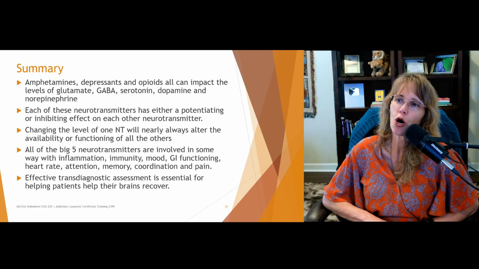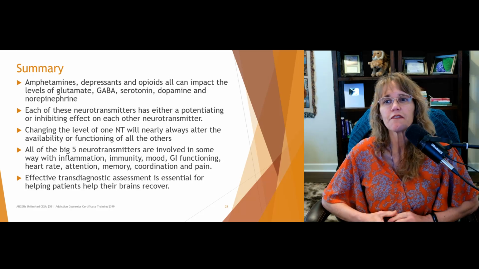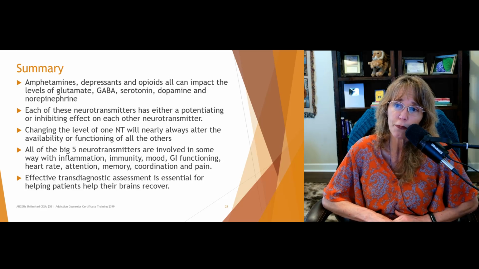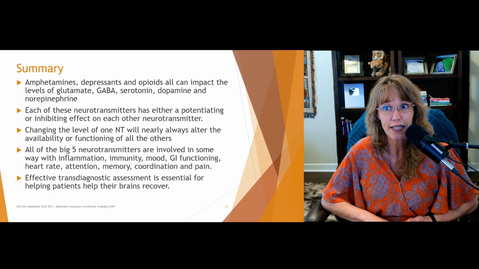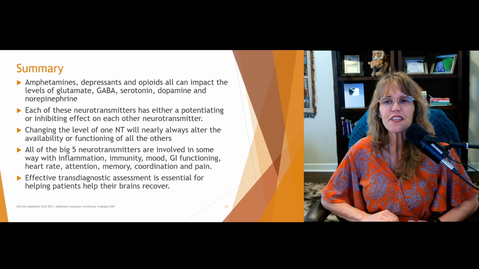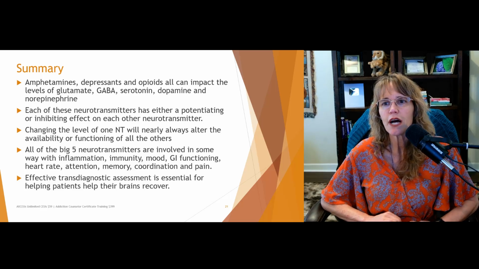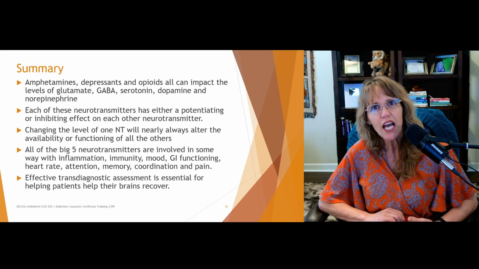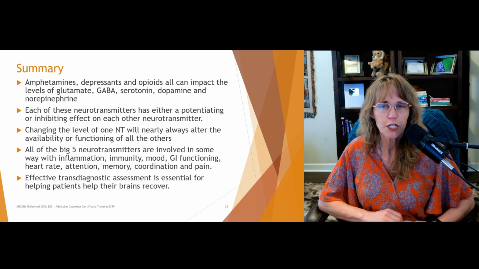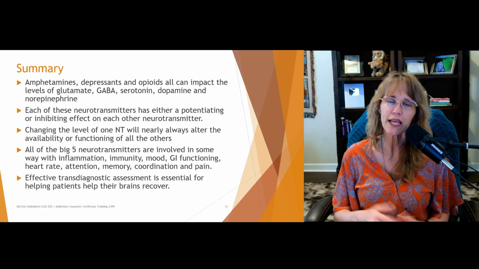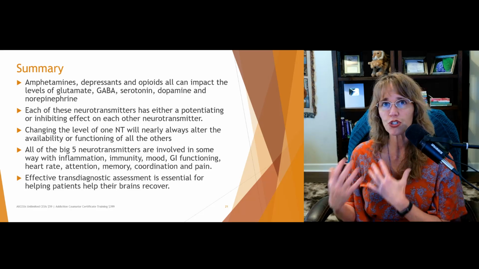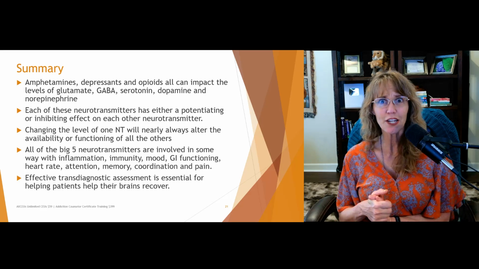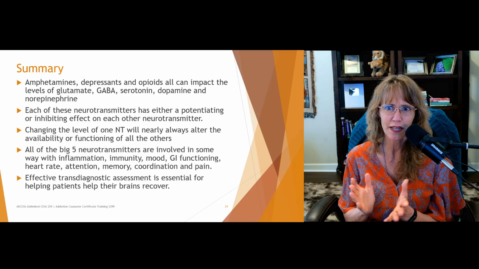Amphetamines, depressants, and opioids all can impact the levels of glutamate, GABA, serotonin, dopamine, and norepinephrine in the brain. It's your big 5. Each of these neurotransmitters has either a potentiating or inhibiting effect on each of the other neurotransmitters, depending on the location in the body and which receptors are actually activated, which is kind of cool, but it makes it so much more confusing.